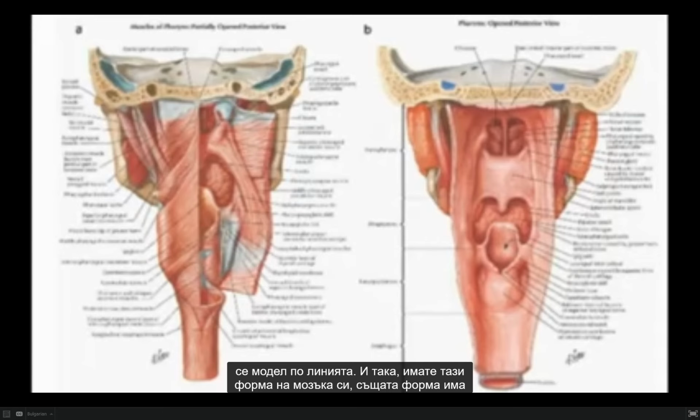So you have this shape in your brain, the same shape has your thalamus, then the bigger picture of the same shape is your brain. Then if you go down, the same shape have your lungs, and then the kidneys, and then in the abdominal area for women it is the ovaries, and for men the testicles.